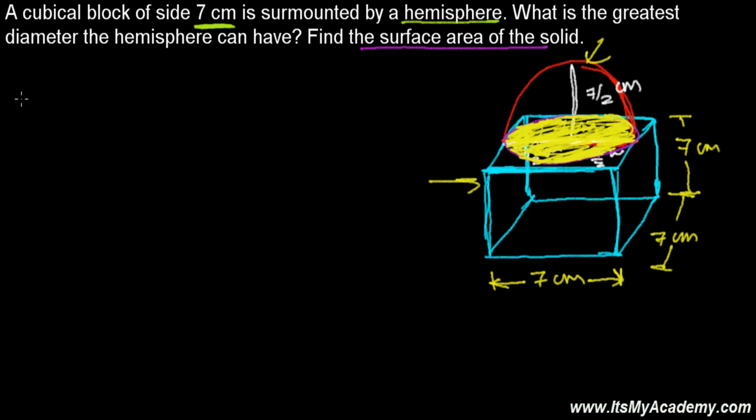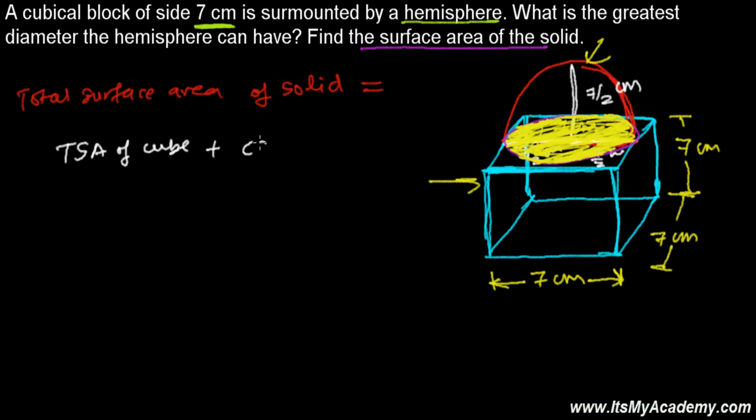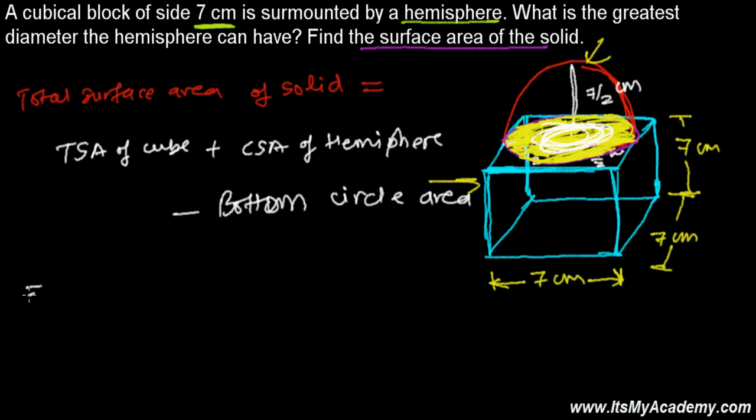So our total surface area of the solid will be equal to the total surface area of the cube, plus the curved surface area of this hemisphere, minus the bottom circle that is hidden. Finally, the total surface area of the cube is 6a square, where a is the side of the cube, plus the curved surface area of the hemisphere, that is 2 pi r square, minus the bottom circle.